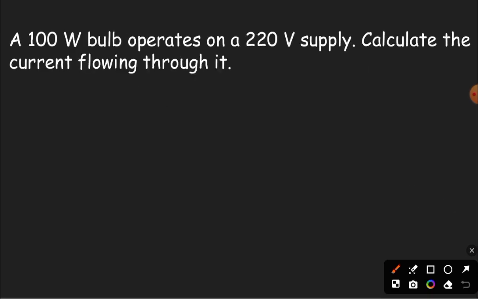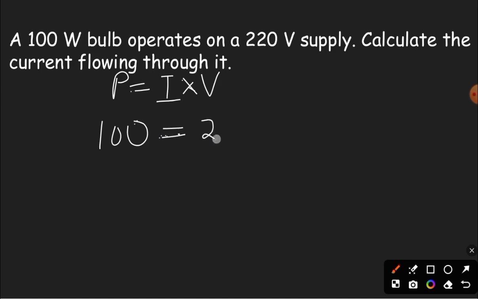A 100-watt bulb operates on a 220 volt supply. Calculate the current flowing through it. So I give you another formula. Power equals current times voltage. Our power over here is 100 watts equals the potential difference, 220, multiplied by the current.